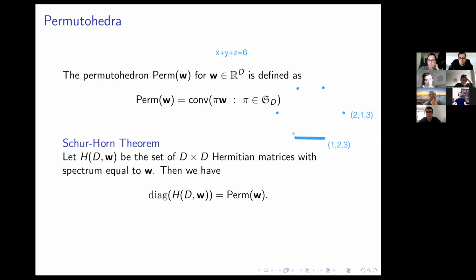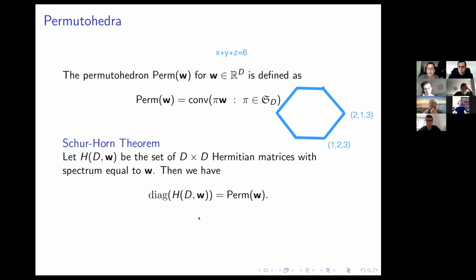It will be literally a hexagon, and more than that, a regular hexagon. Everything is very symmetric. And we are taking the convex hull. When we say convex hull, really we take all convex combinations, which means that we are also coloring the inside.